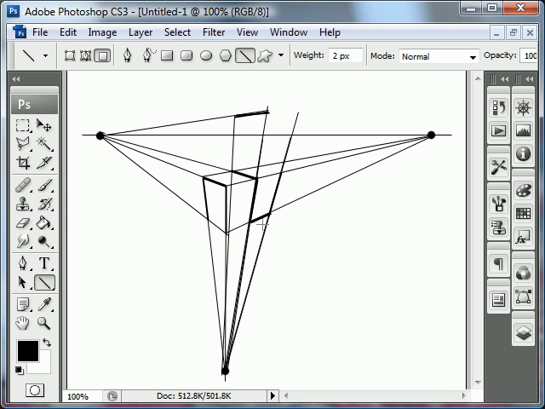So in perspective, it goes to the same vanishing point that this bottom edge goes to. And since we know the bottom edge goes to the right-hand vanishing point, then we can just say that the top edge also goes to the right-hand vanishing point, just like that. Okay? So establishing relationships like this is very helpful, especially when you start to get into more complicated constructions.